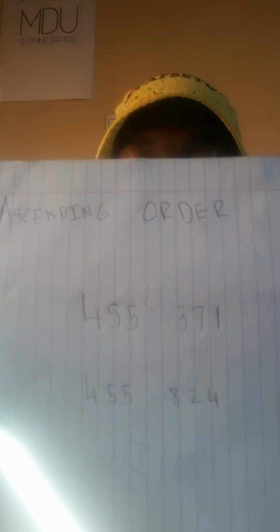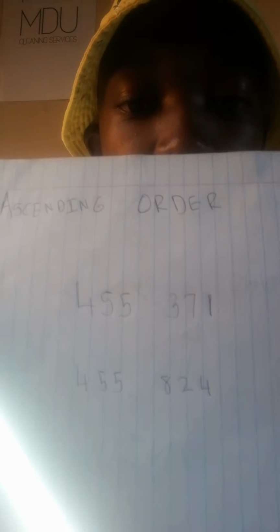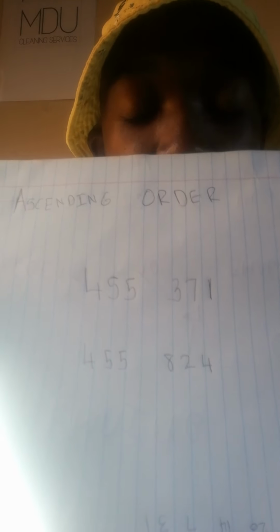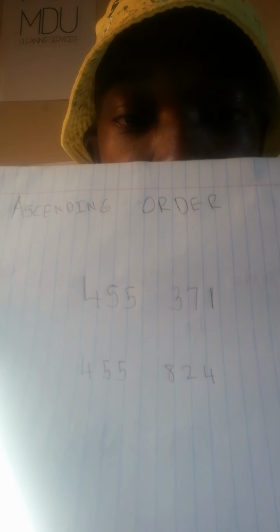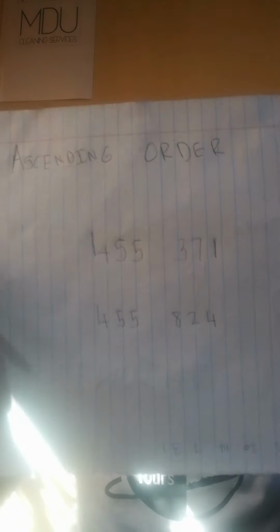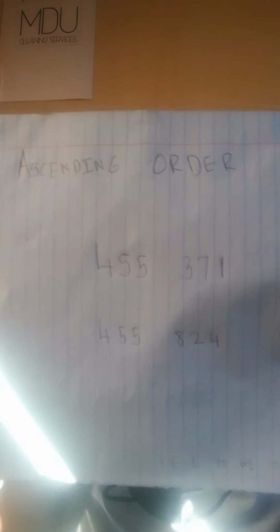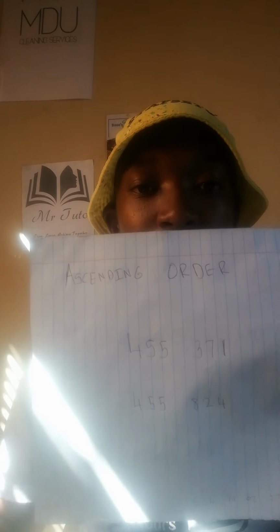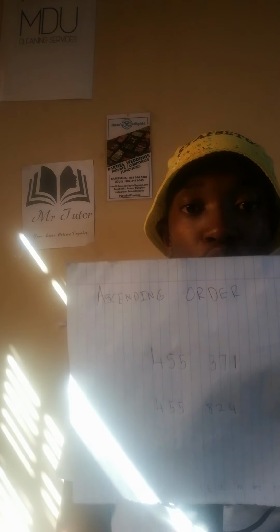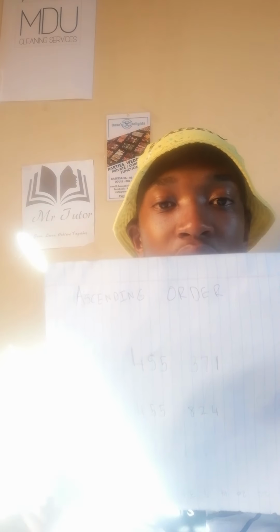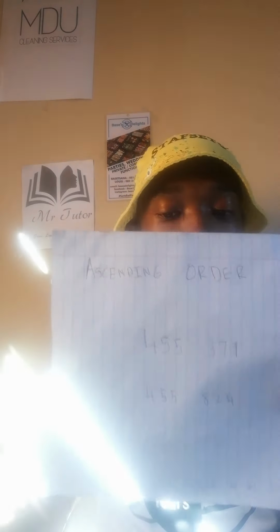The first is 455,371, and the second number is 455,824. With these two numbers, I've identified a way that can help you to identify which number is bigger than the other, or which number is smaller than the other.